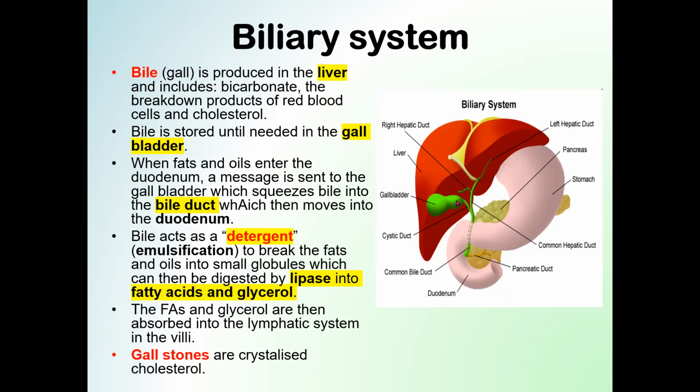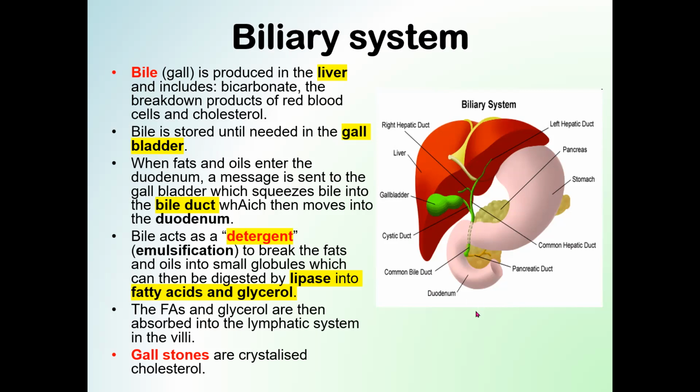Now, sometimes you get gallstones in the gallbladder, and people can have them for years without any problems if they're really like little grains of sand. But sometimes they come together and they get bigger and bigger, and then they block the bile duct. The person gets really sick, and the gallbladder has to be removed.